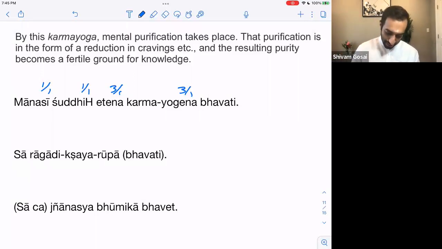Okay, let's give this. So what is the information for shuddhihi? So pratipadika shuddhi. Now this looks like hari, but it's actually feminine. So this is like mati.